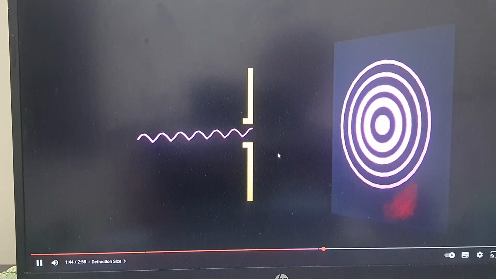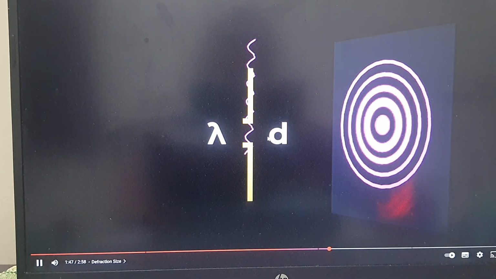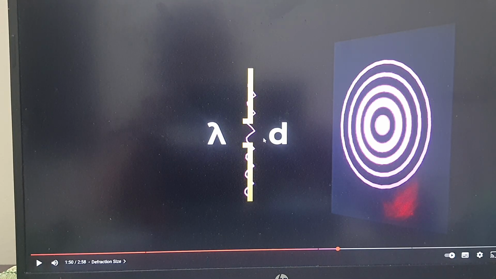The amount of diffraction depends on the relative size of the wavelength of light to the size of the opening. So the diffraction pattern will depend on the size of the slit, the barrier or the obstacle, relative to the wavelength.